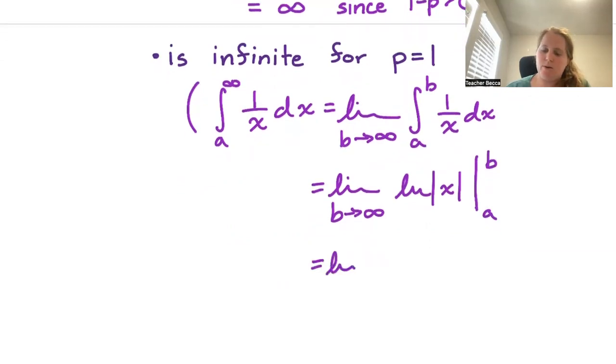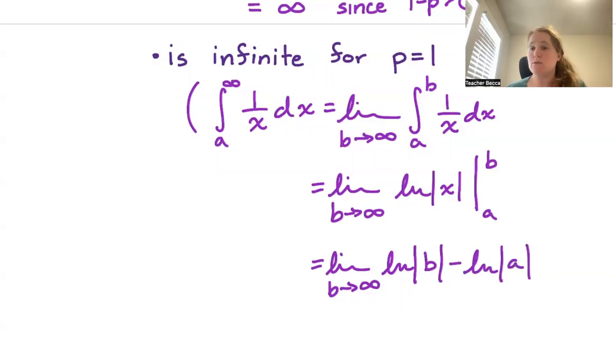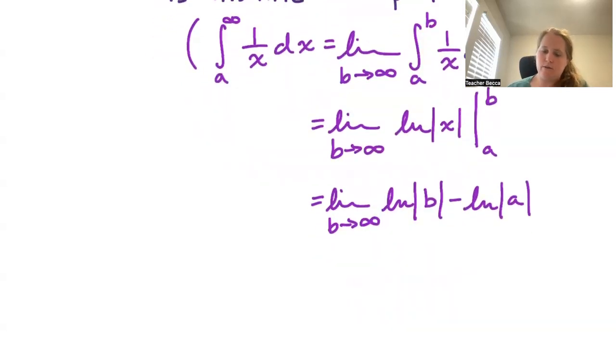So we wind up with a limit as b goes to infinity of the natural log of b minus the natural log of a. Natural log goes to infinity as its input goes to infinity, so we get infinity.